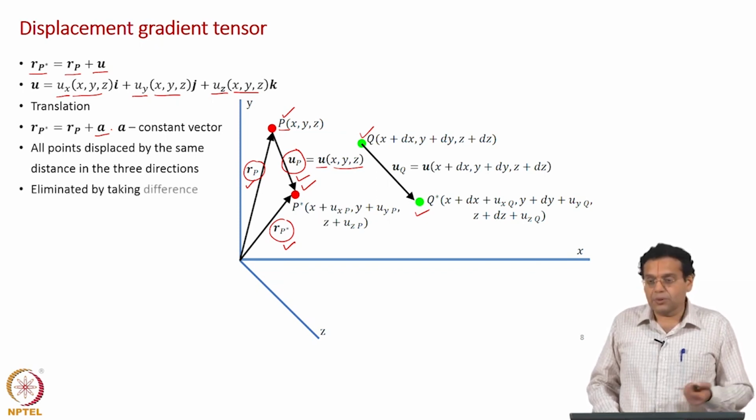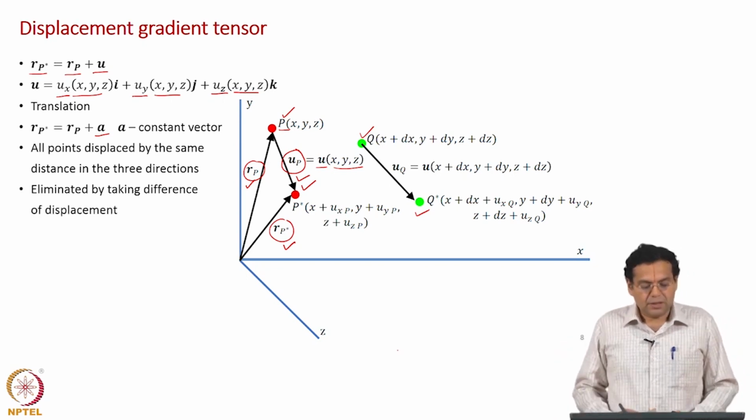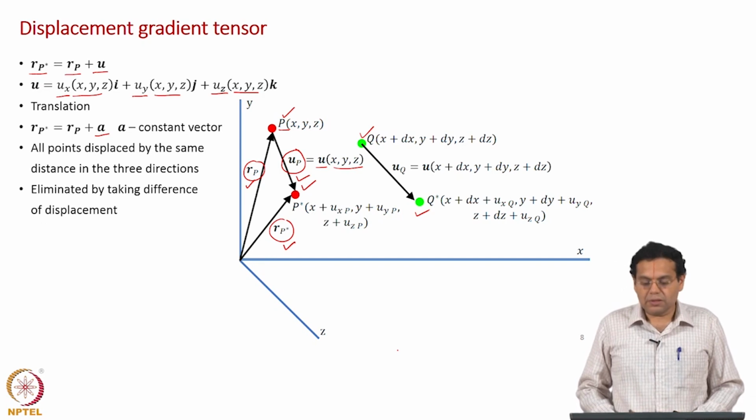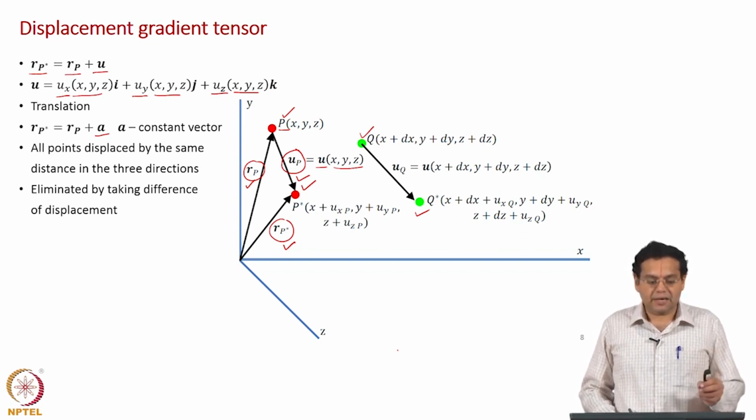And how do you eliminate it? By taking difference of displacement. So from now on we will work in terms of difference in displacement. The reason for working in terms of difference in displacement is it takes care of translation. Translation has been eliminated.